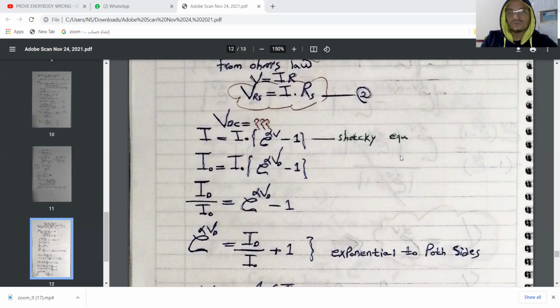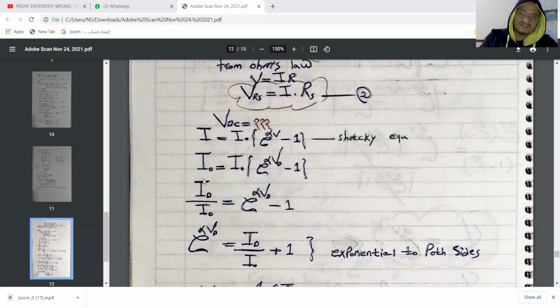Here, we will do some modification on the Schottky equation when I equals ID, the dynamic current, and V equals VD. That means here ID, not saturation current, not I0 or I naught, ID equals saturation current times exponential alpha VD minus 1.